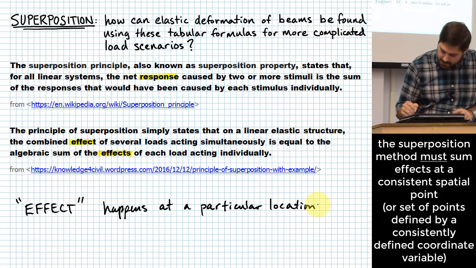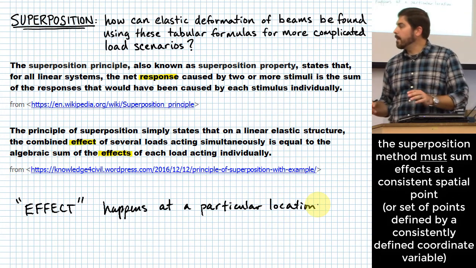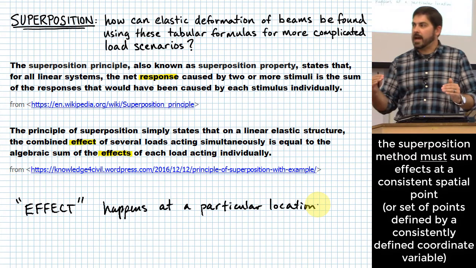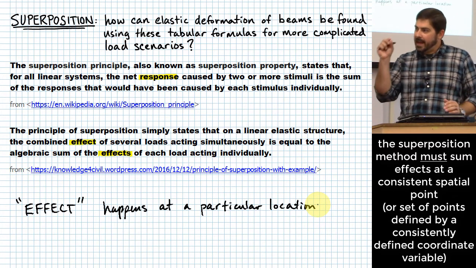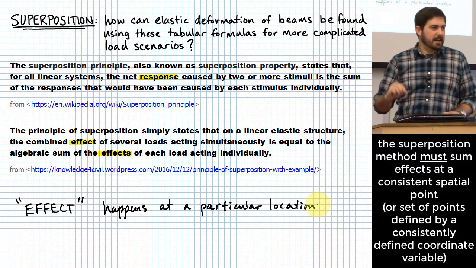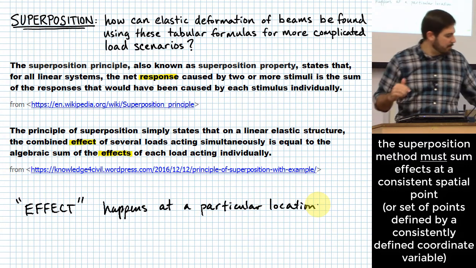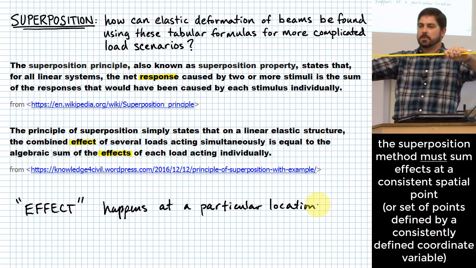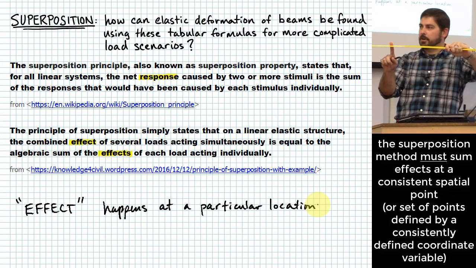Okay, what I mean by this is, if I'm going to sum the effect of one load and another, I have to be summing those effects at the same location. I can't say, I'm going to take this little half-inch that my beam deflected over here and add it to a quarter-inch that my beam deflected over here.